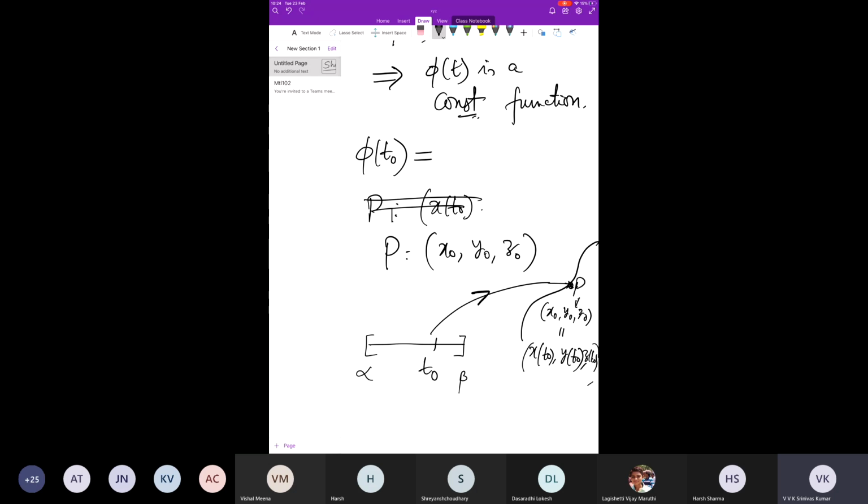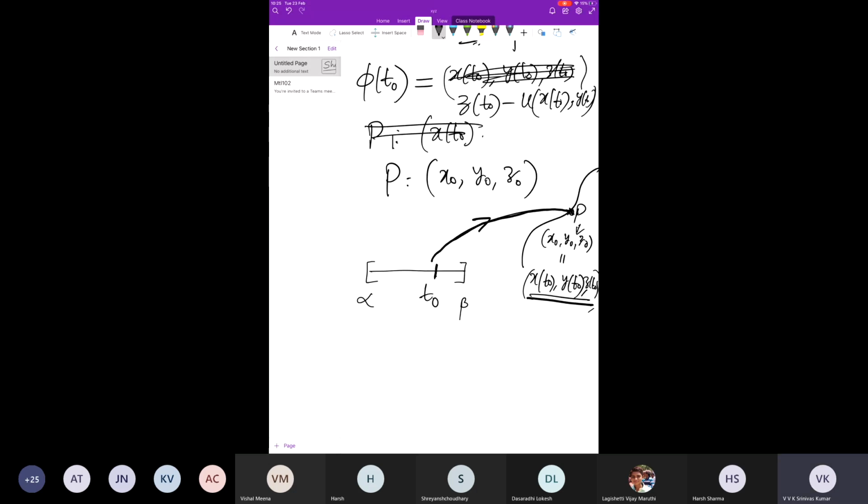Our P is the point x naught, y naught, z naught. That means correspondingly we'll have a t naught where this is parameterized to this thing. So phi at t naught is nothing but z at t naught minus u at x at t naught, y at t naught.